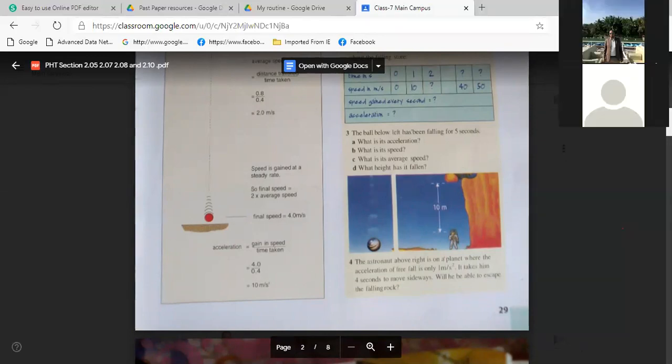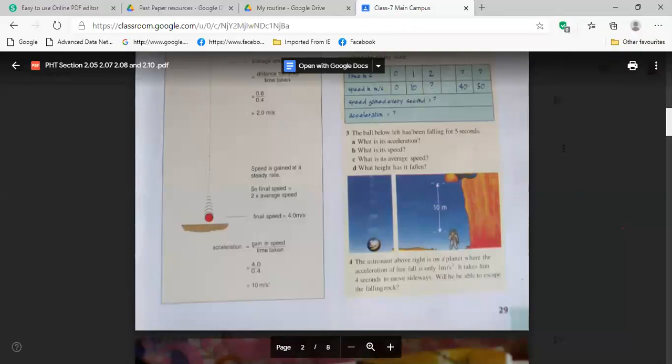Yes, sir. Like if one object is accelerating for 3 seconds, then it will have one initial velocity and also one final velocity, isn't it? Yes, sir. And we had all these discussions in our previous lessons. Like we have one formula, V equals U plus AT, to find the final speed, isn't it? We also used it in this section. Is it clear? Yes, sir.